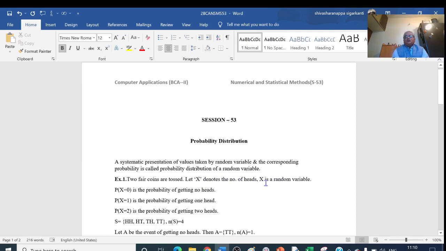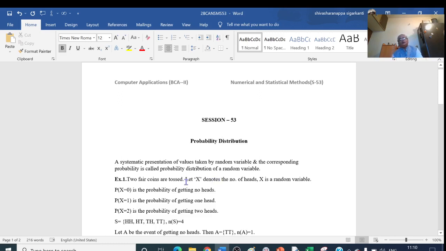So what are the possible values of x here? Suppose two coins are tossed, then I may get both heads, or the first toss head and second toss tail, or first toss tail and second toss head, or both tails.